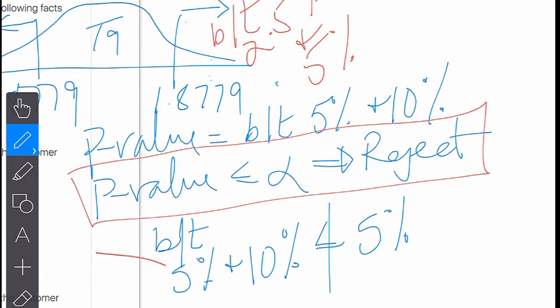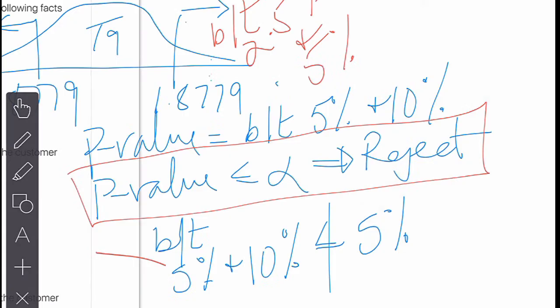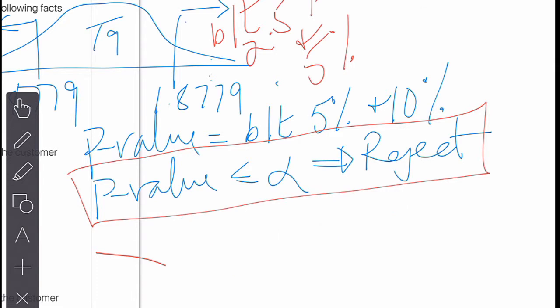Did they set it at 5 in this problem? I have to go back and check now. Is it at 5%? Hope it helps when I go back and forth. So what was the alpha? Oh, it was 1%. Sorry, it was not 5%. It was set at 1%.